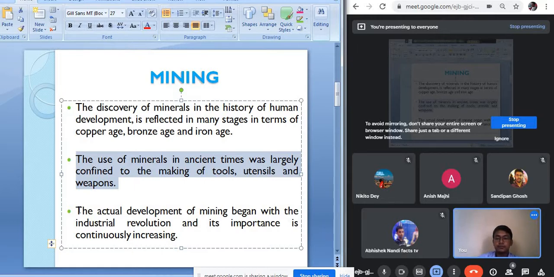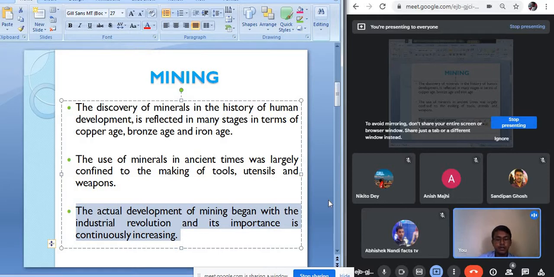The actual development of mining began with the industrial revolution, and its importance is continuously increasing. Because of the industrial revolution, the actual development of mining took place.